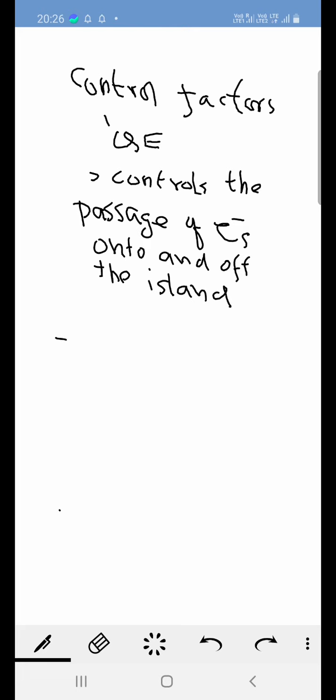Another important parameter is the mean free path of the mobile electrons, which can be much greater in semiconductors than in metals.